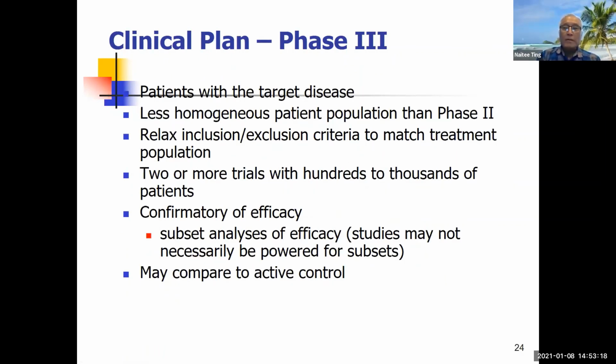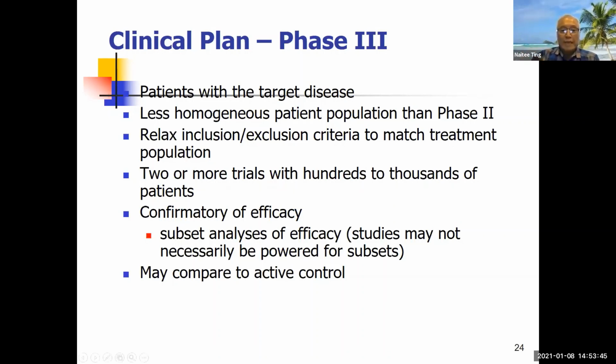So if you're able to successfully establish the MTD, which is the maximum tolerable dose, the upper limit of your dose range, and you're able to establish the lower limit of dose range, which is minimum effective dose, then you move into phase 3. And of course, you have to demonstrate from phase 2 that the drug is both efficacious and safe.